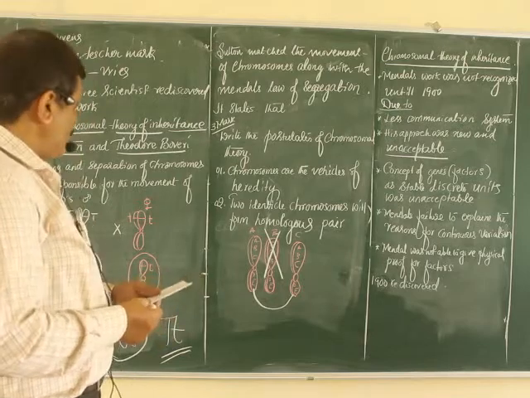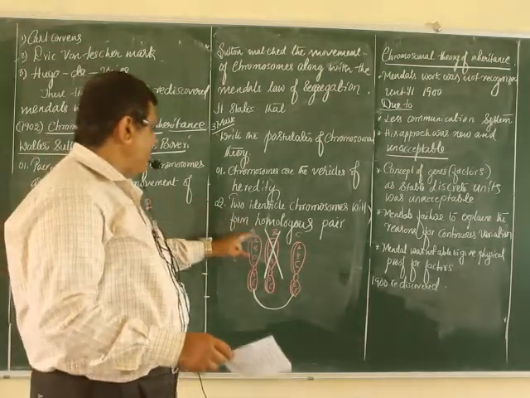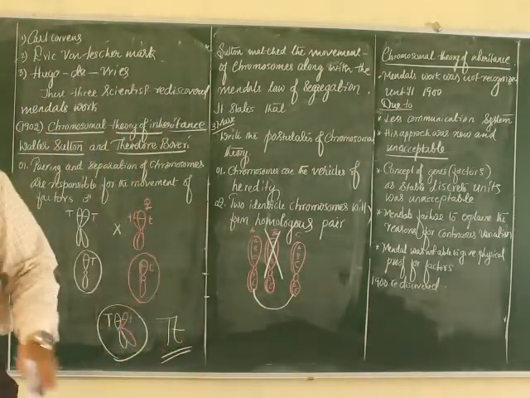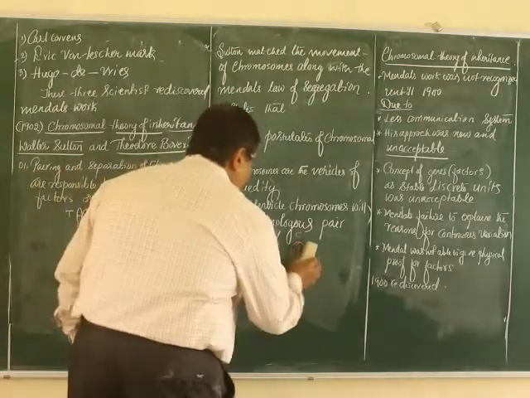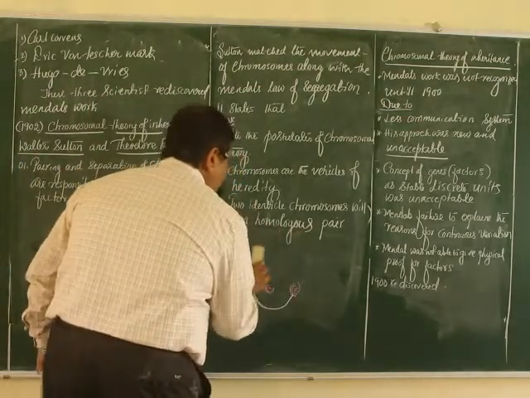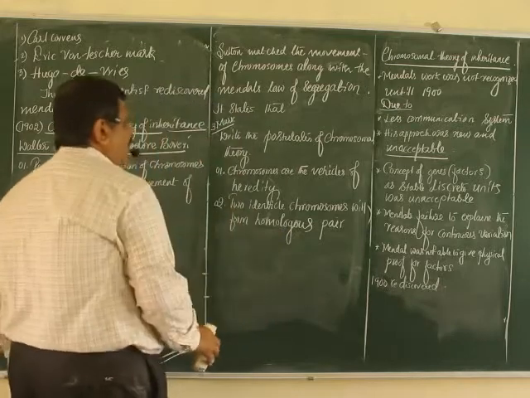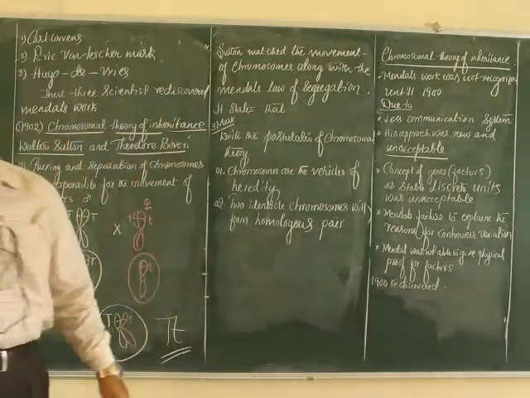So the second postulate of the chromosomal theory of inheritance is that two identical chromosomes will form a homologous pair.